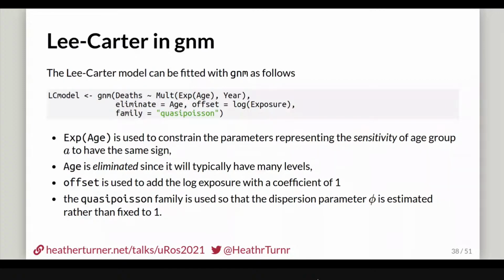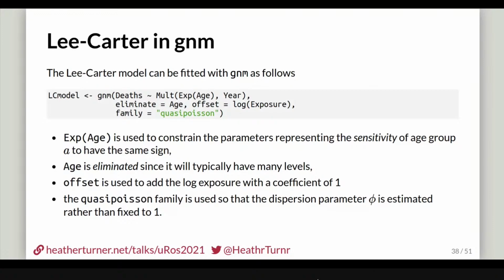We could fit the age main effect in the model in the usual way, but here we're using the eliminate argument of gnm. And this is useful when you have a model that, instead of an intercept, has a factor with many levels as the initial term in the model. By using the eliminate argument here, gnm will exploit the structure of the model and estimate it more efficiently.